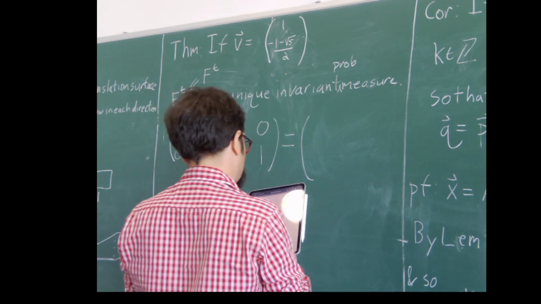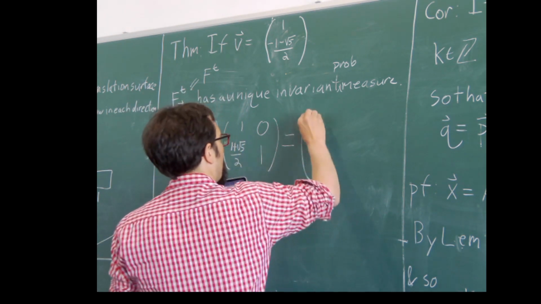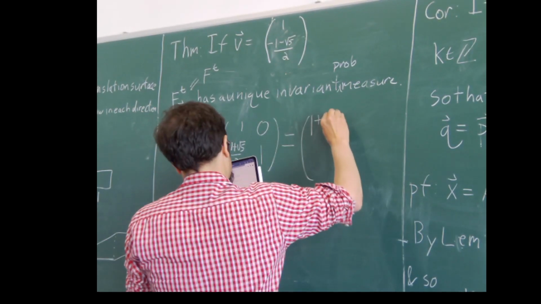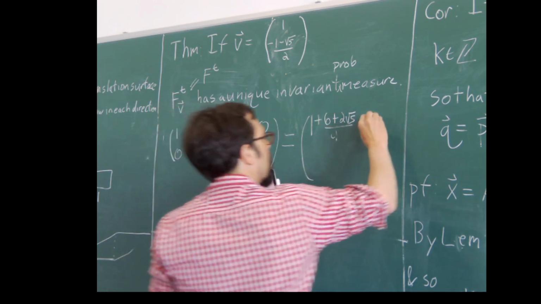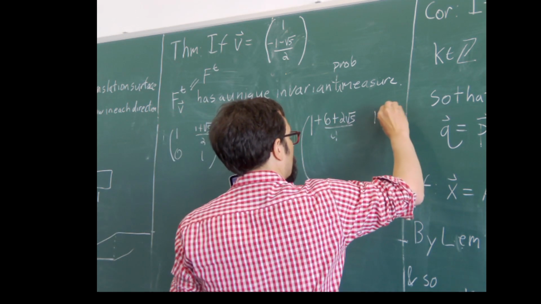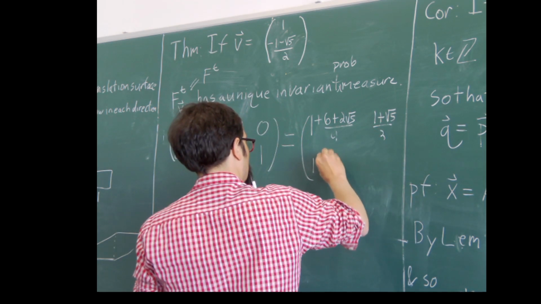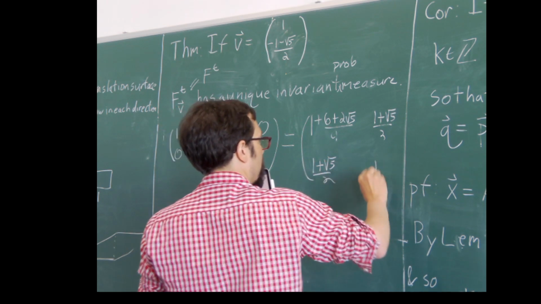If I did my arithmetic correctly, this is going to be given by 1 plus 6 plus 2 times the square root of 5 over 4, 1 plus the square root of 5 over 2, 1 plus the square root of 5 over 2, and 1.